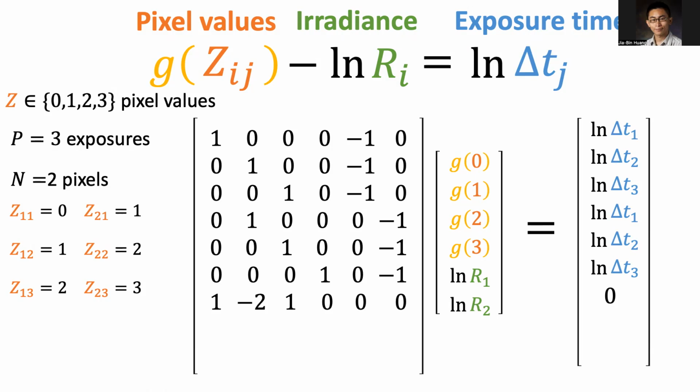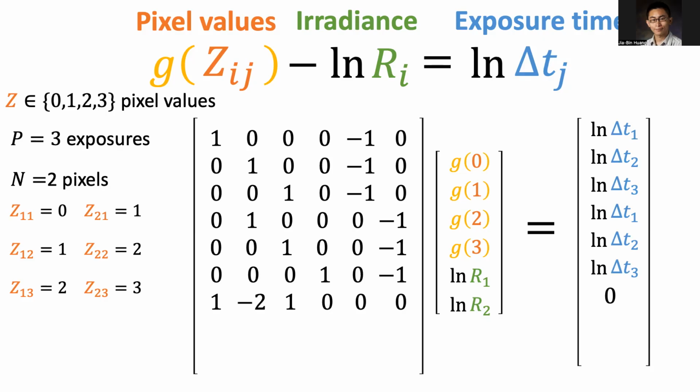Okay. So for any camera, this is amazing, right? Even though you didn't calibrate that camera beforehand, even though you don't know what G, the camera response curve, is, you can still solve it. Yes. Yeah, go ahead. So the G is the value. Each camera has different curves.